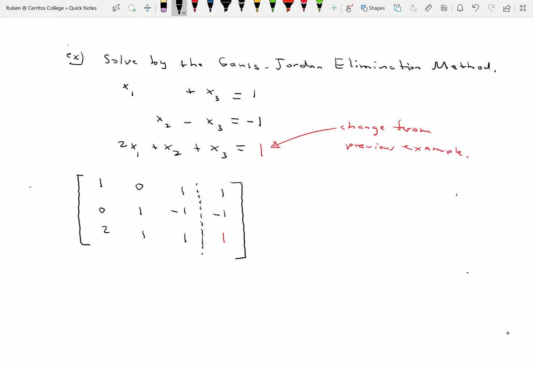In the third equation, I've changed the constant from 2, I believe it was, to 1. Also, I've written out the augmented matrix with that corresponding change in the third row in the fourth column to be the red one. Now I'm going to use my calculator to do this.